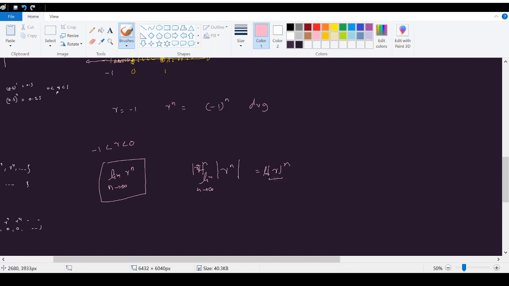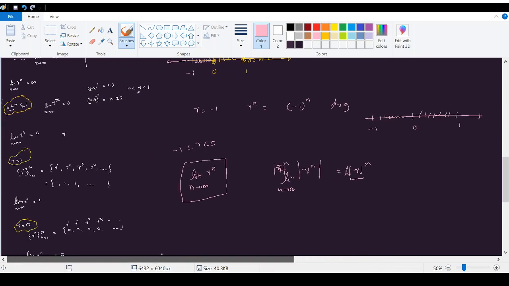If we take the modulus of r, originally r was between 0 and -1. But if we take the modulus, everything comes to the positive side. So the modulus of r will be between 0 and 1, right? And we already showed that if r is between 0 and 1, the sequence will converge to 0.